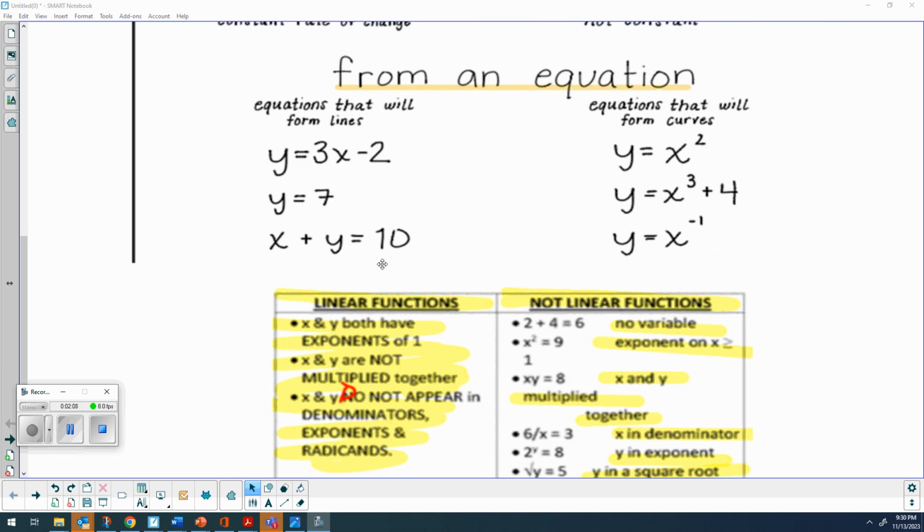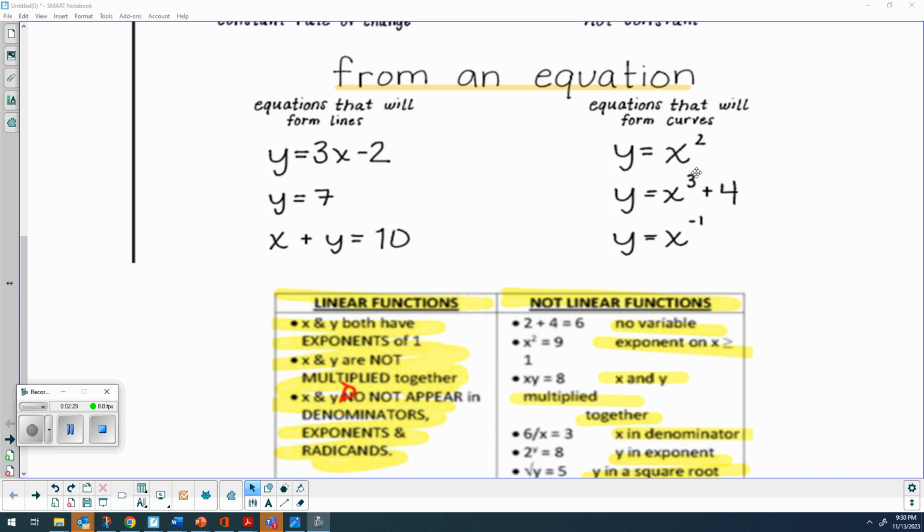Looking at equations, a function can be linear just by looking at the equation. And what you're looking at is your variables, the y variable and the x variable, to ensure that there are no exponents above those letters.